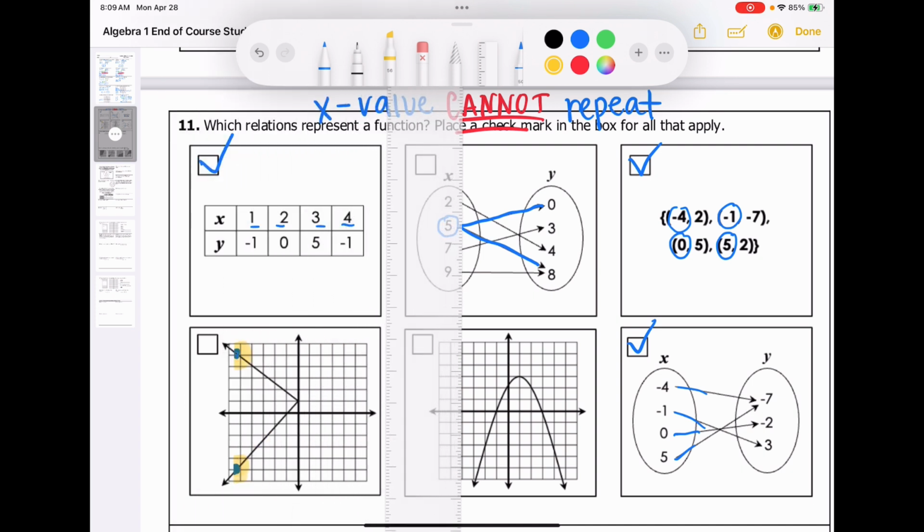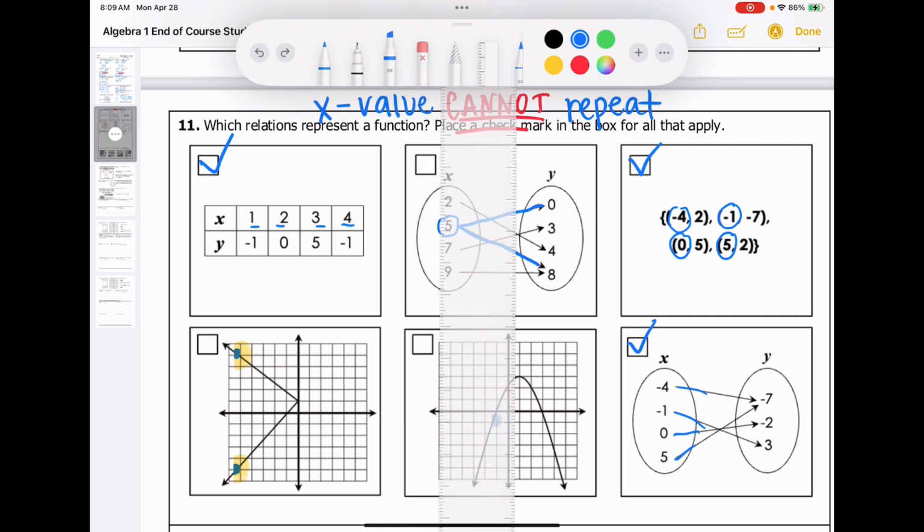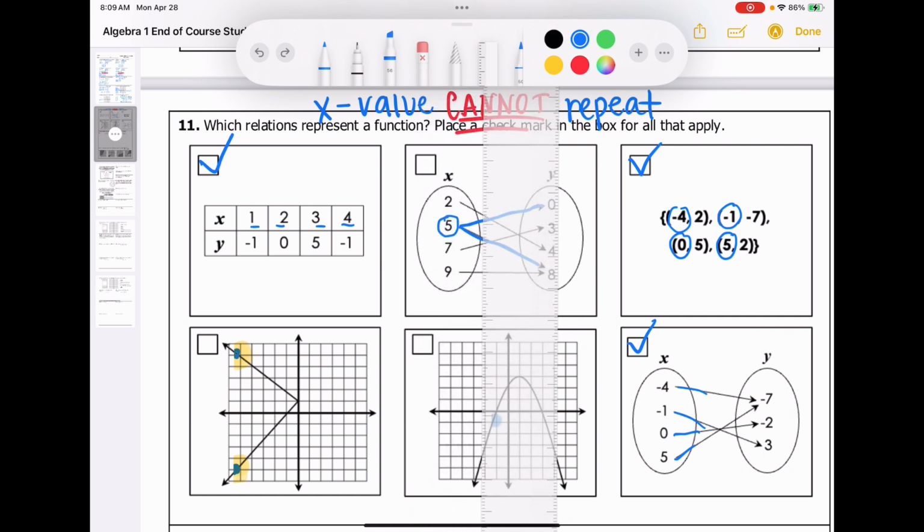But if I come over to this graph, it's not hitting my pencil at more than one spot because it's hitting it here, but it's not hitting it anywhere else. And if I keep dragging it, that rule still applies. It's only ever hitting it at one spot at a time. So this one is a function.